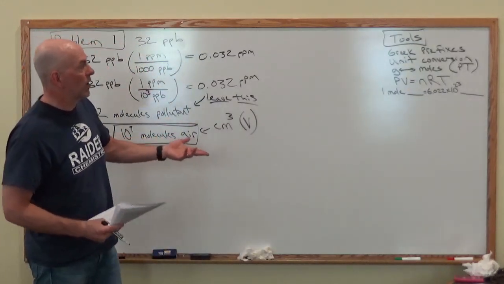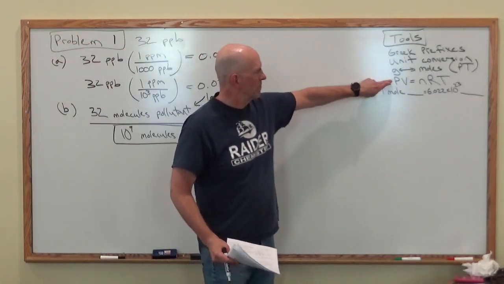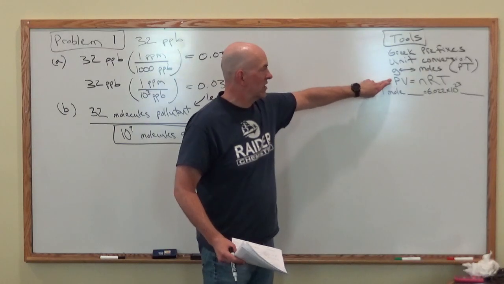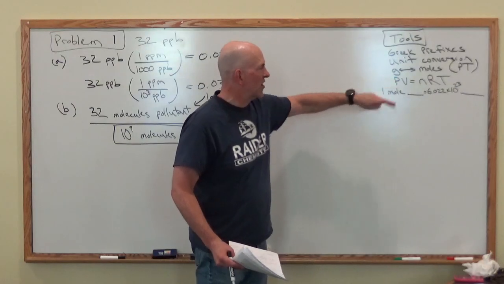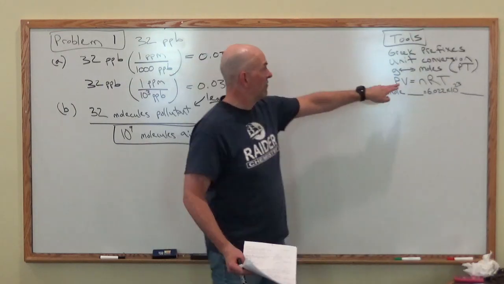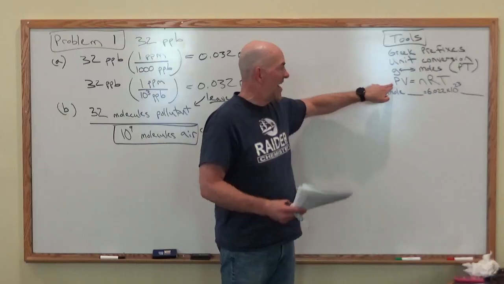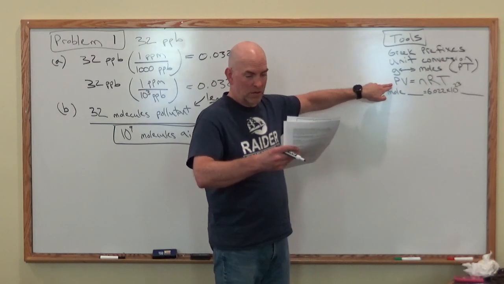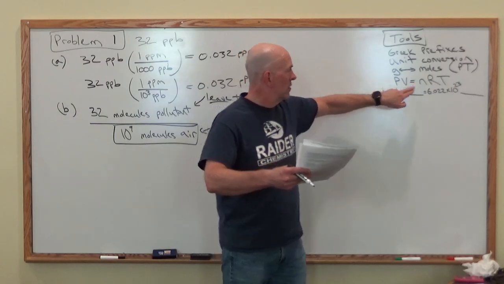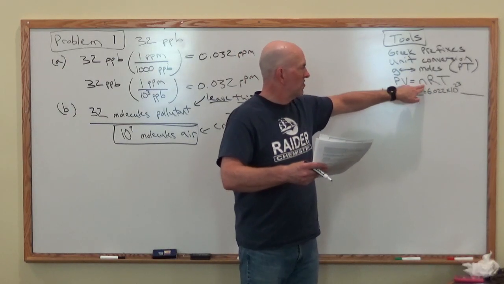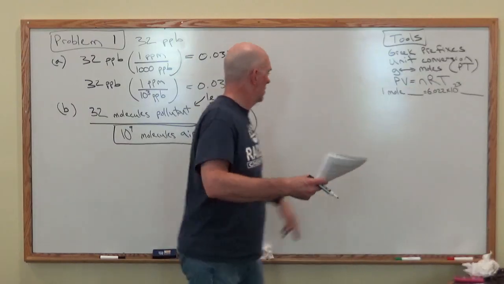There's really only one way to do it. Right here. And actually, we need two things. We need this, and we need this. P equals nRT. We can solve for volume. We have a pressure, don't we? Yeah, the pressure is 1 atmosphere. Do we have the number of moles of air?